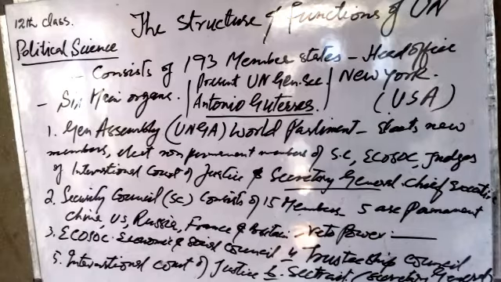The main functions of the United Nations General Assembly are to elect new members, to elect non-permanent members of the Security Council, members of the Economic and Social Council, judges of the International Court of Justice, and Secretary General.